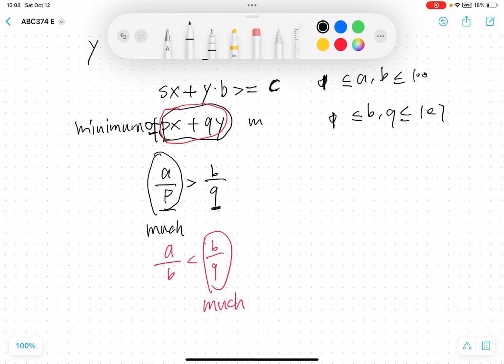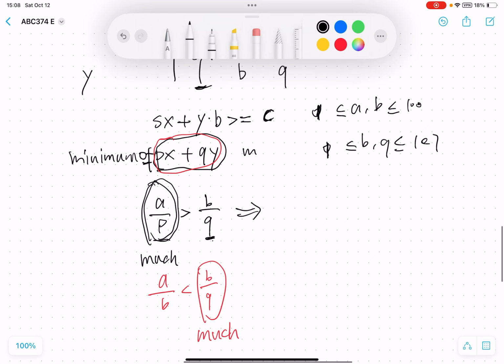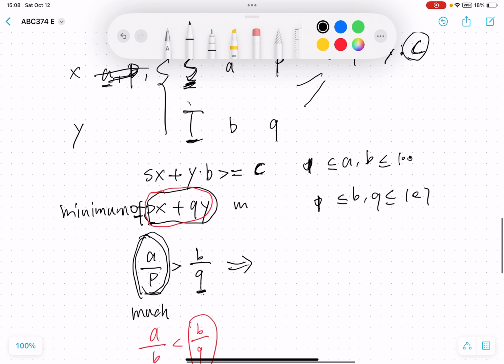But in some specific situations, we need to buy the other one. For example, let's take the first situation as the example. We can buy the machine S, that means use A and P. We can buy machine S as much as we can, but maybe if we don't buy any machine T, it costs too much.